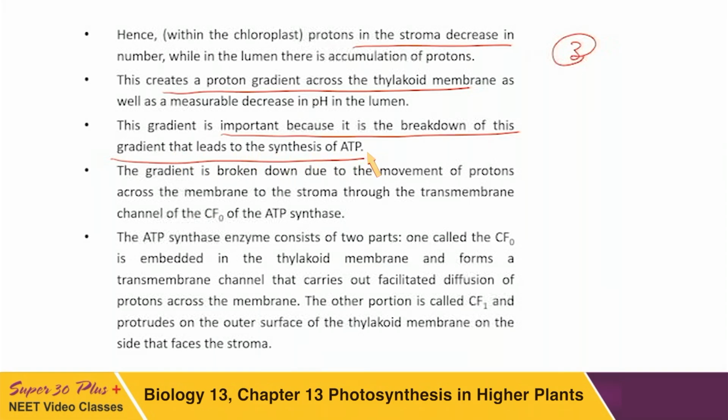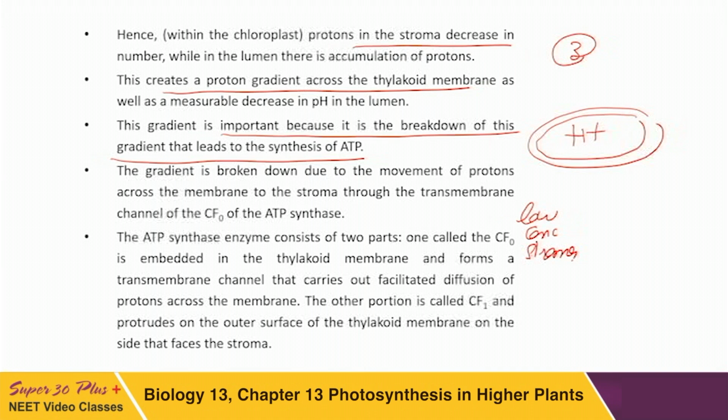Very important point we have here. You see first, children, in the chloroplast lumen we have a high concentration of protons. They will like to move from high concentration to low concentration. Low concentration of protons we have there in the stroma.